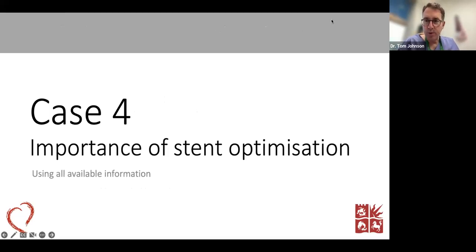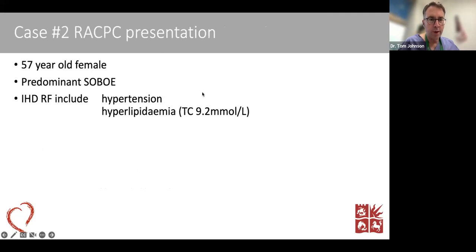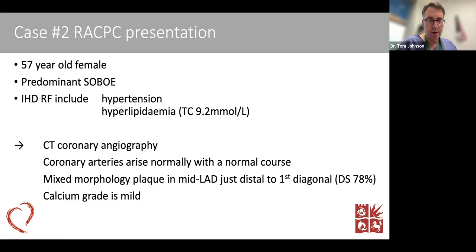So this is a case of a 57-year-old lady who'd presented through our chest pain service with predominant symptoms of breathlessness on exertion. Hypertensive, very, very significant lipids, so a total cholesterol of 9.2, suggesting a familial hypercholesterolemia.